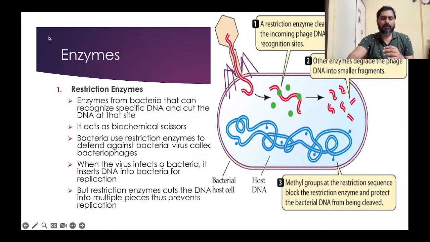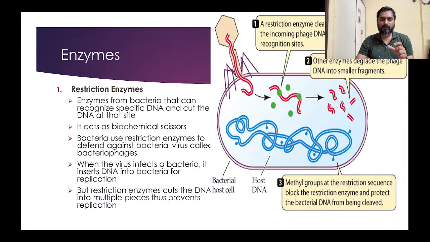nature. So the first thing we need to know in biotechnology is that we are playing with the genes, and while we are doing that, we need some tools at our disposal. We need something to cut the genes, something to join the genes, and something to multiply those genes or segments of the DNA.